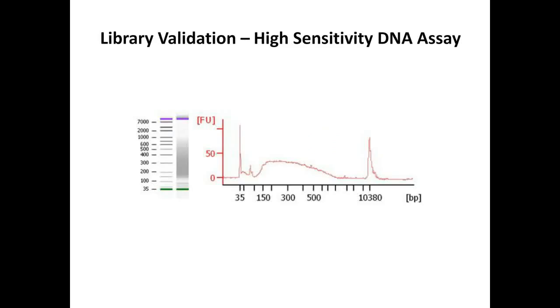We first check the quality of libraries. This is before sequencing, which is also an important point to consider because the amount of cDNA is much lower than what you get from the conventional RNA-seq method. So you need to use a high sensitivity DNA assay.